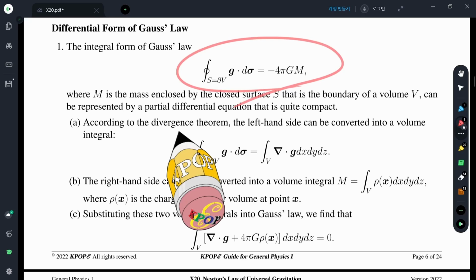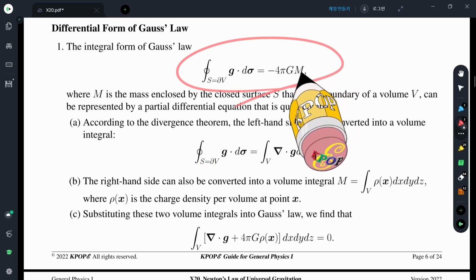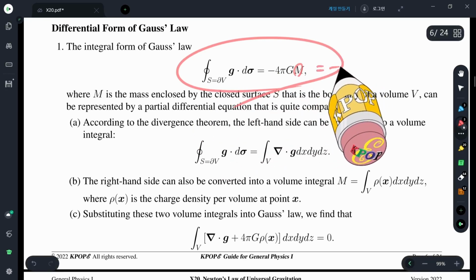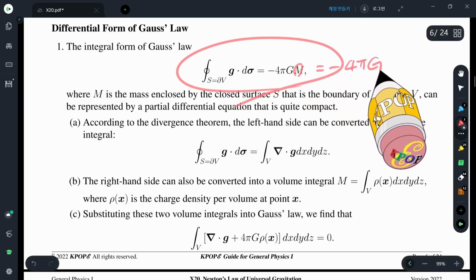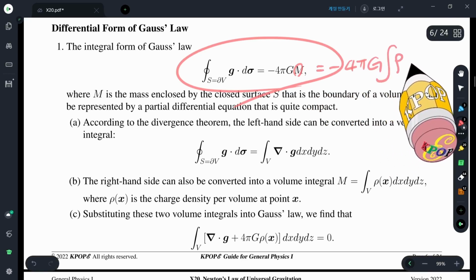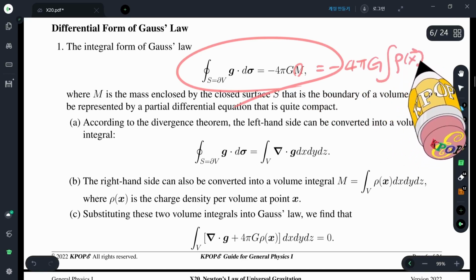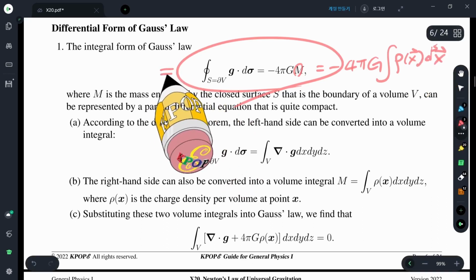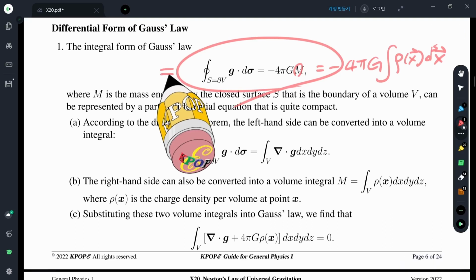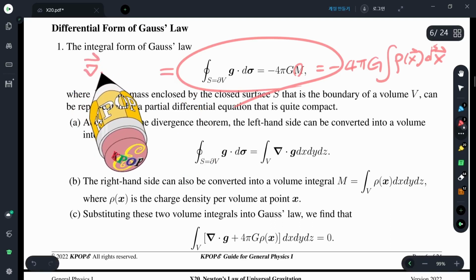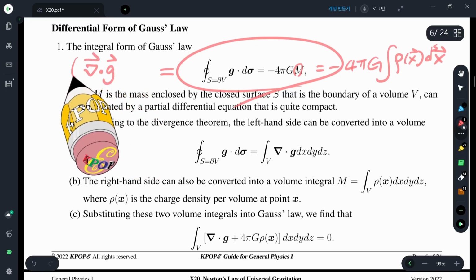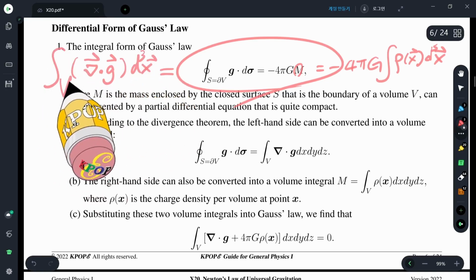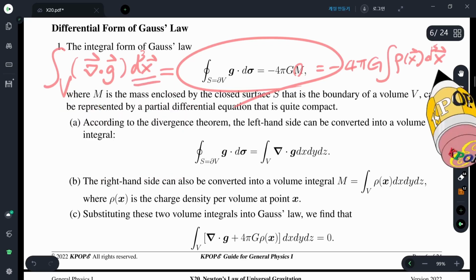And we know that this mass is contained inside the surface, so it is minus 4 pi G and density, volume integral. If we apply the divergence theorem, it is the divergence of the gravitational field, volume integral, and two volume integrals.